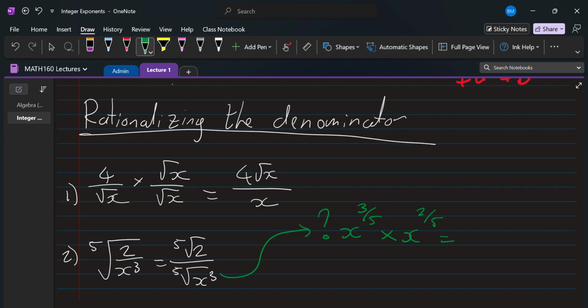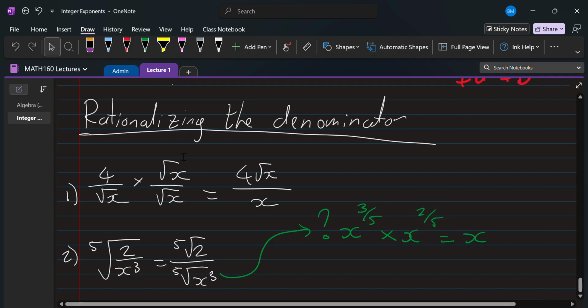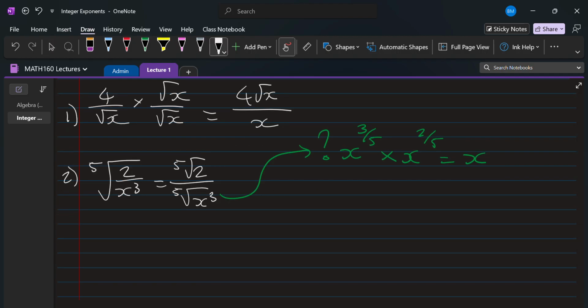Now we're going to do something similar to number 1. In number 1, we had x to the half, so we multiplied by x to the half so that the sum would be 1. Here we've got x to the 3 over 5. We need to multiply by something to get rid of the fraction. So 3 over 5 plus what is 1? 5 over 3?